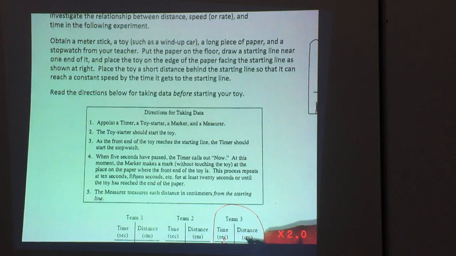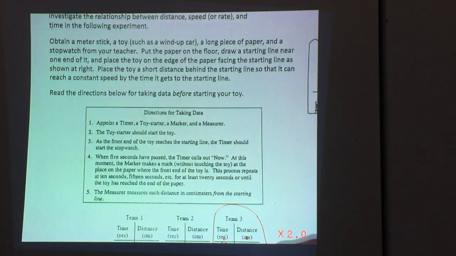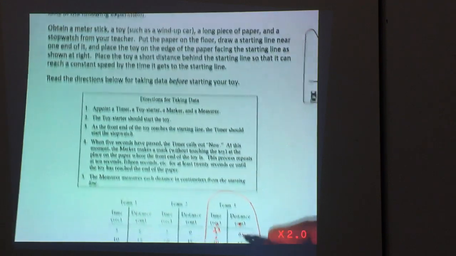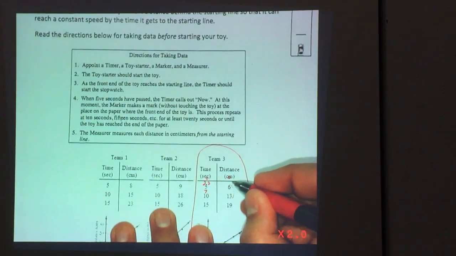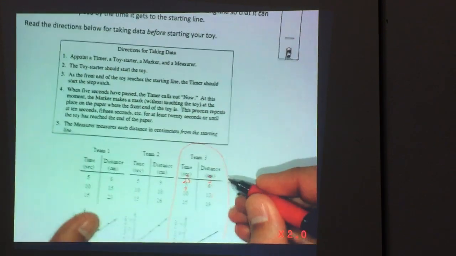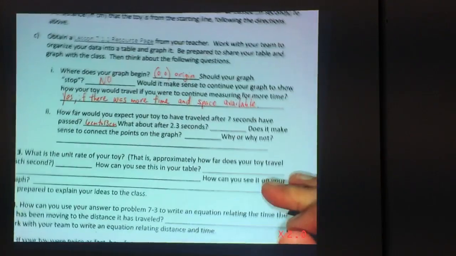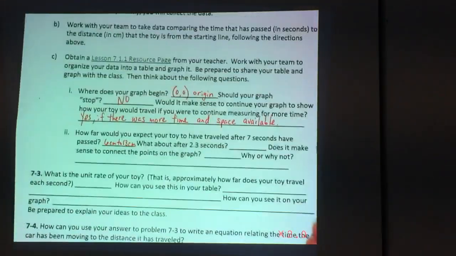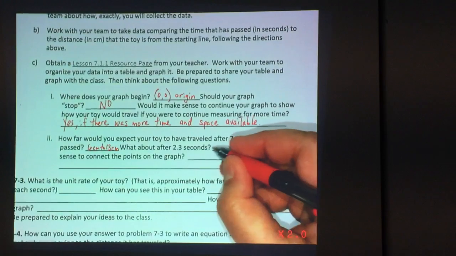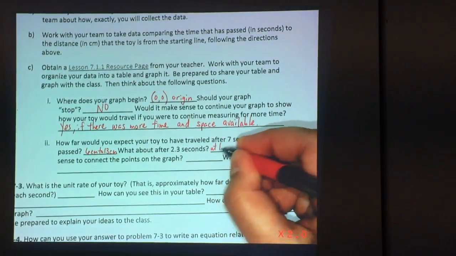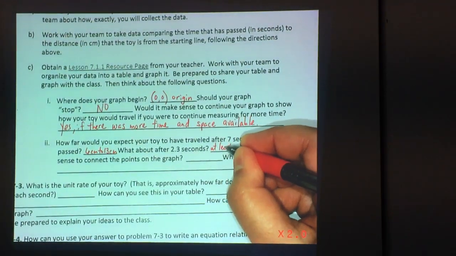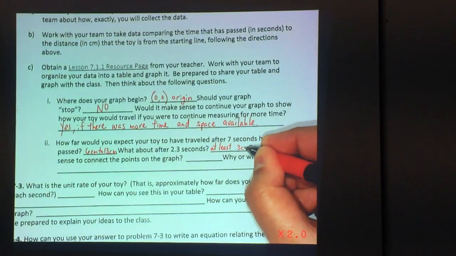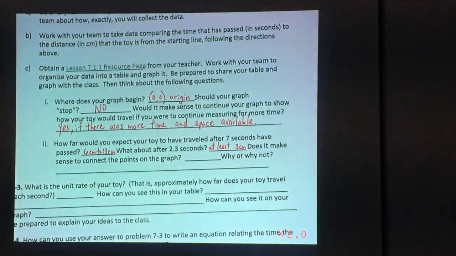What's halfway between 0 and 6? Right, 3. So it's going to go at least 3 centimeters.